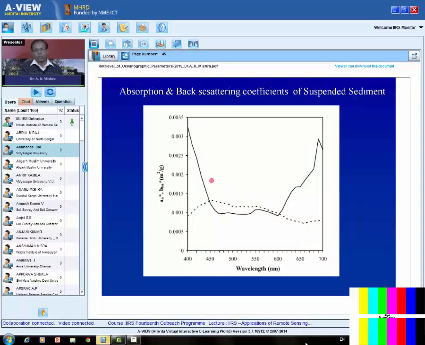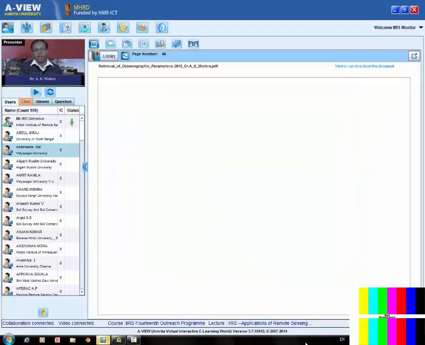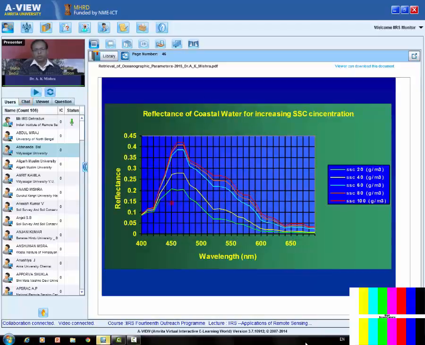So this absorption and backscattering spectra you can use in the model to retrieve the reflectance of the water with varying suspended sediment concentration. You can see that as suspended sediment concentration is increasing, the reflectance spectra in almost all the bands are increasing. So you can take one particular band or a combination of many bands to retrieve the suspended sediment concentration.